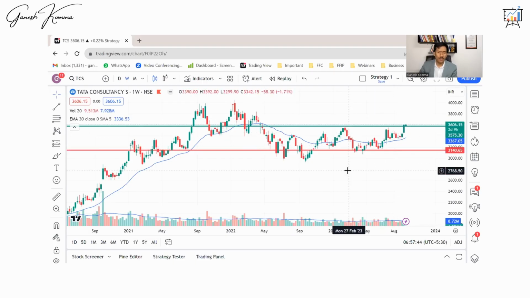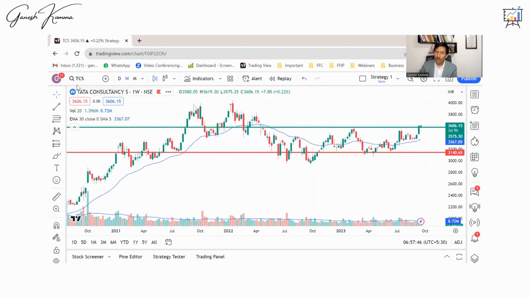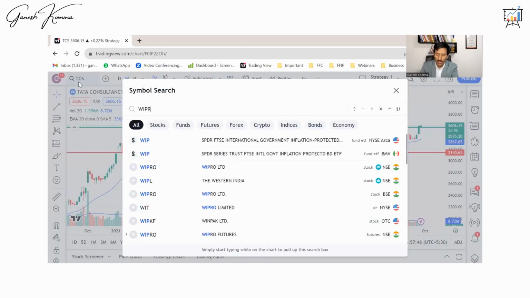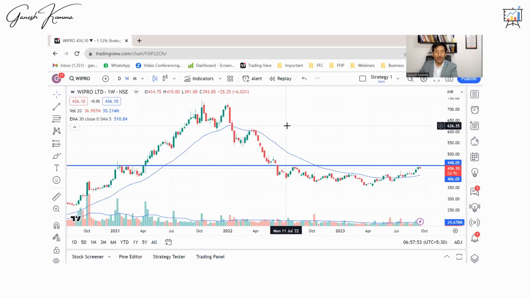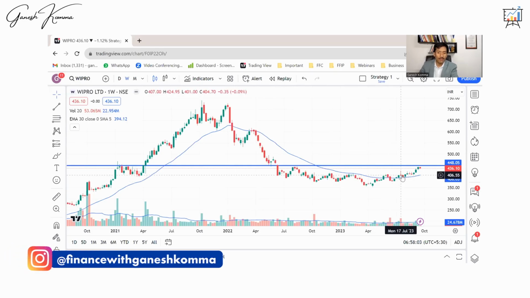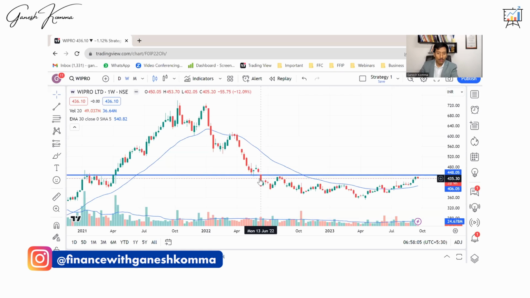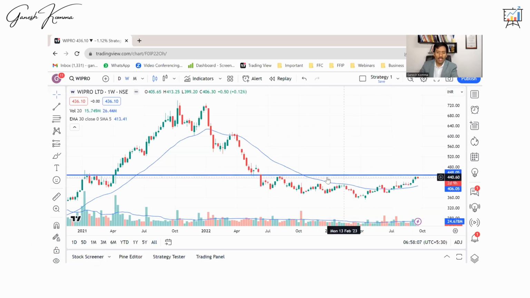So yes, in the IT space, keep observing the companies. Even if you look at Wipro, I'm just discussing how to analyze the companies within the sector. Wipro, sir, should I enter? During this entire period, we never discussed entering into this. But yes, now Wipro has been above the EMA 30. And almost from June 22, a 1 year breakout it is attempting.